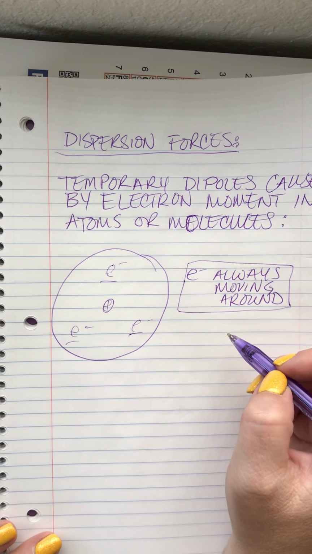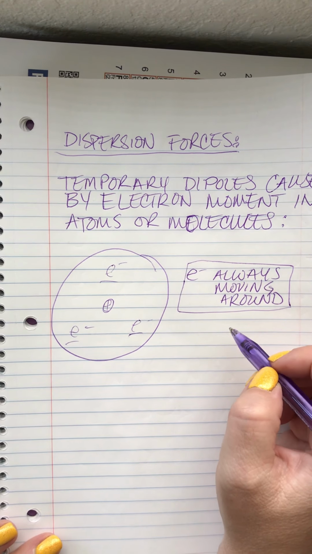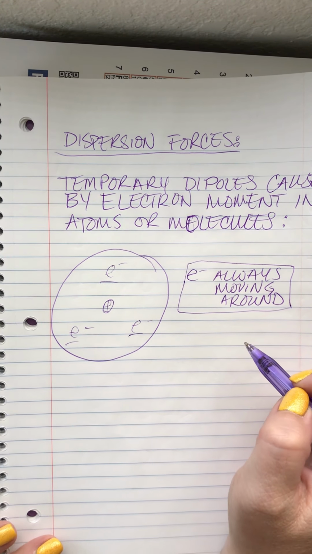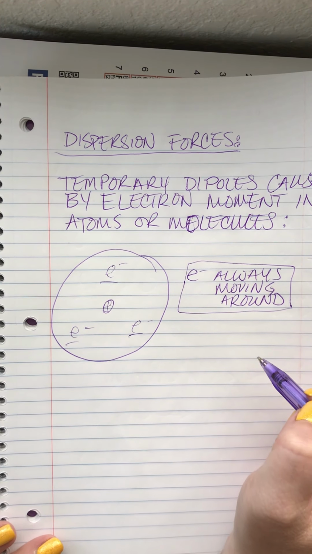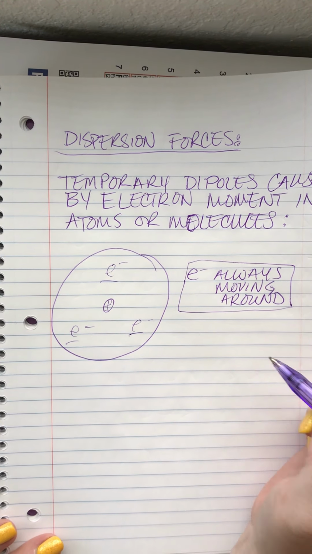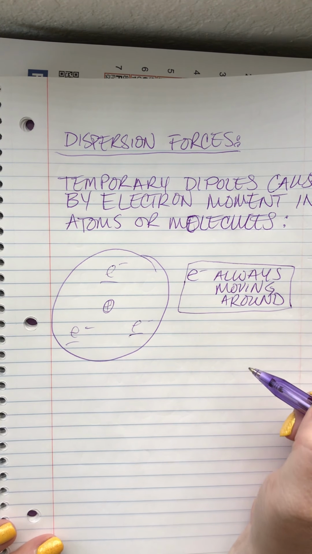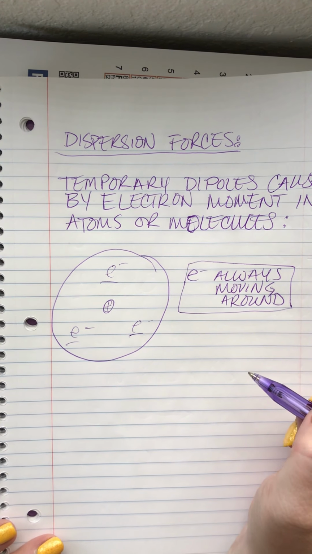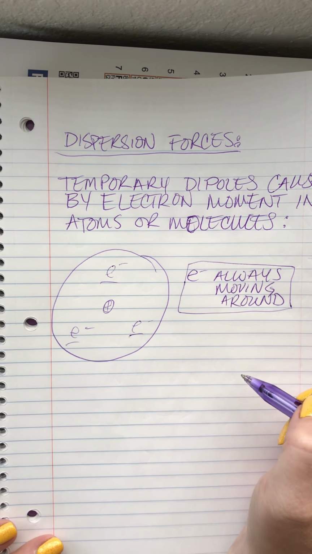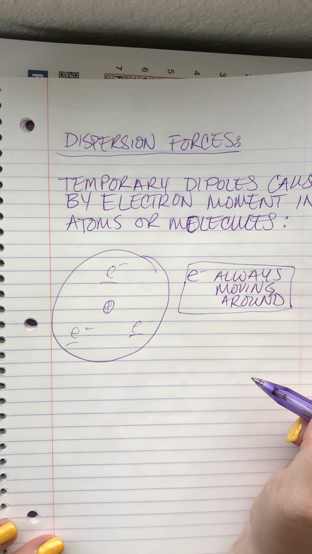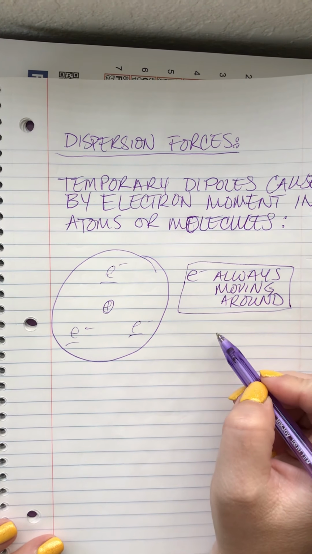So thinking about the conditions under which we're the happiest, are those always going to be the conditions under which we live? No. We strive for that, but it's impossible for that to always be the case, because we live in a dynamic world, and that's just the way she goes. Same is true for electrons. Electrons are dynamic. They're always moving around.